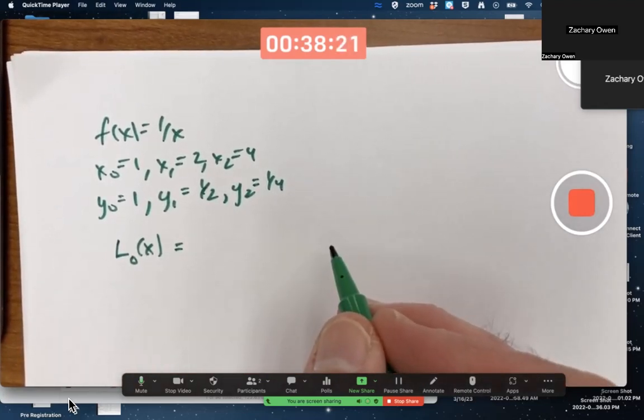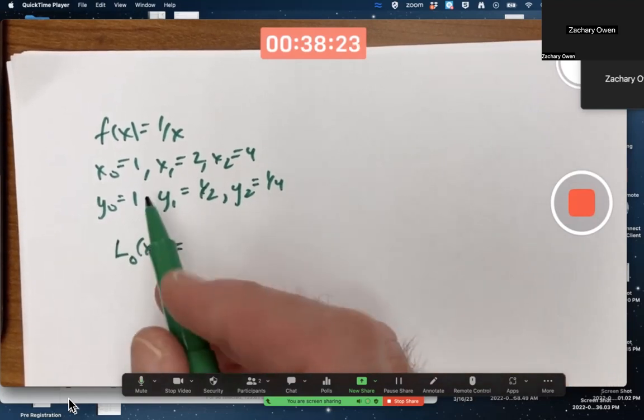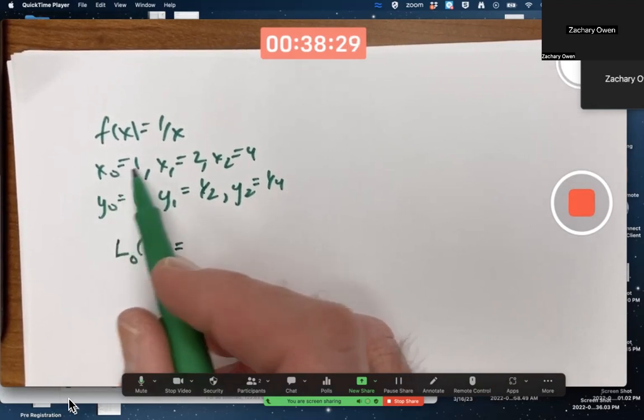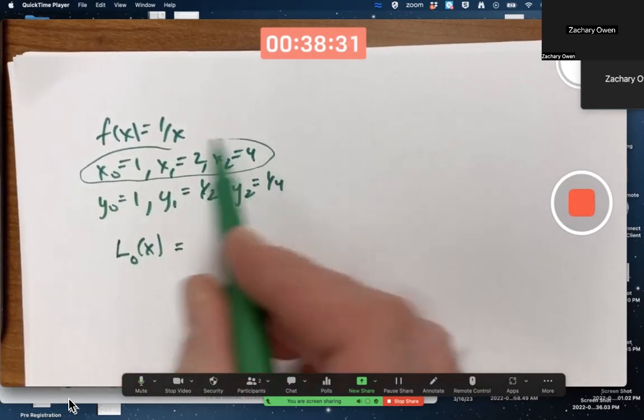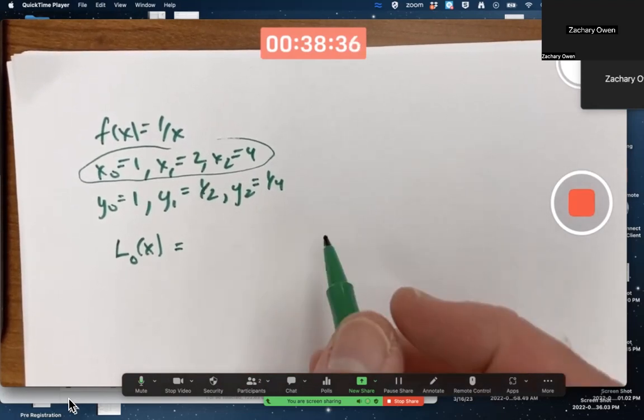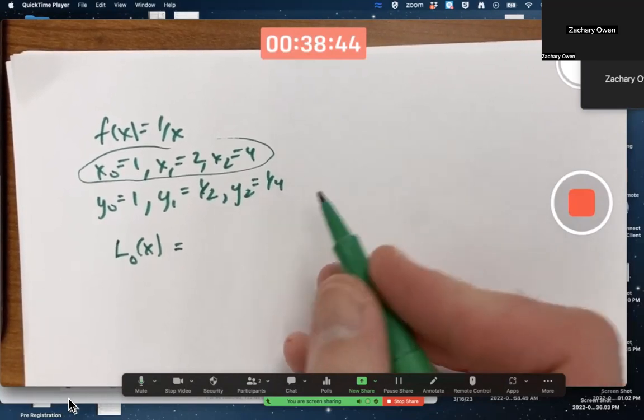This is going to be a quadratic that is equal to 1 at the first node, x0 equals 1. The nodes are really the x values, not the y values. 1 at the first node and 0 at the others. And the reason this approach is used is because there's a nice systematic way to write this down.